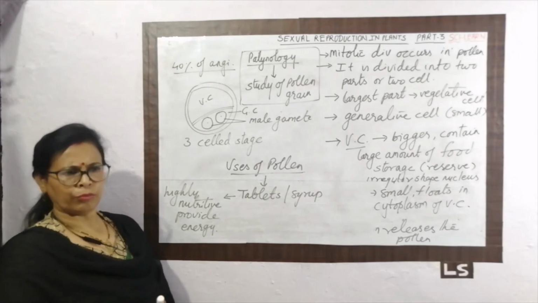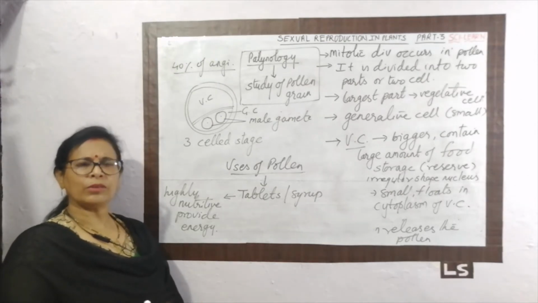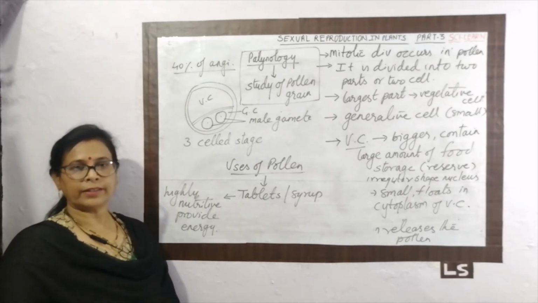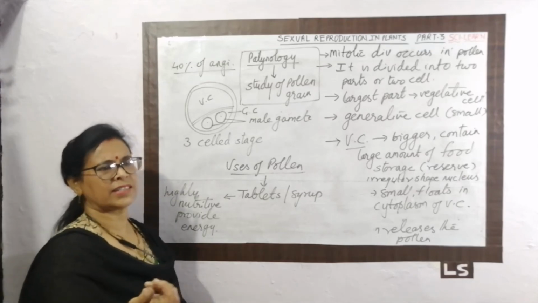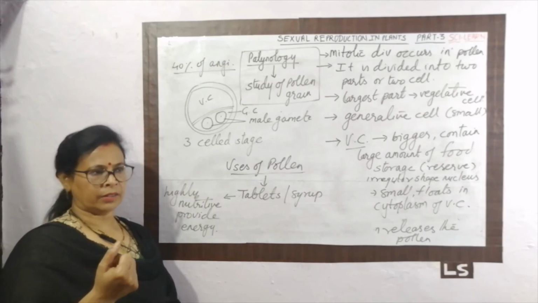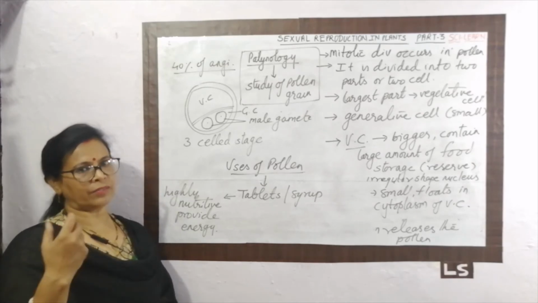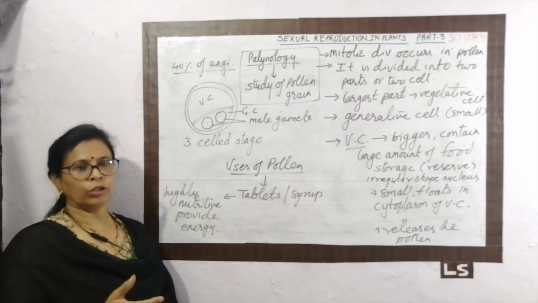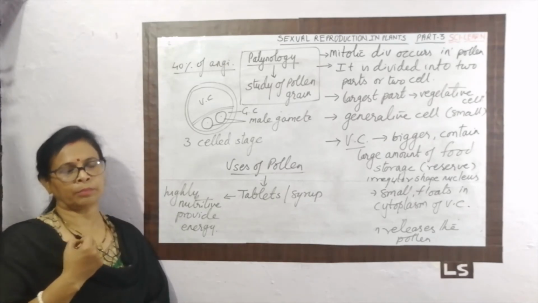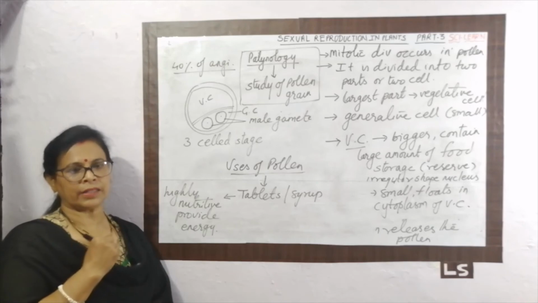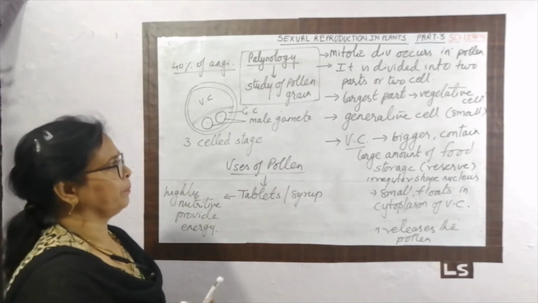But you know, a few people are allergic towards the pollen. They show some allergy symptoms such as sneezing and coughing when they come in contact with the pollen. So pollen is very much allergenic also. One important plant is Parthenium.